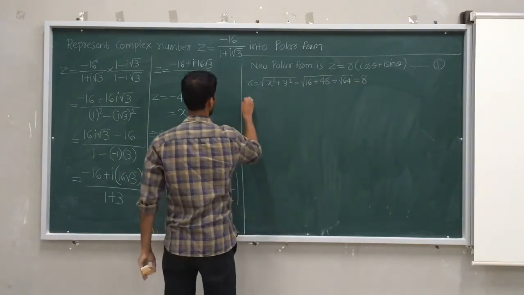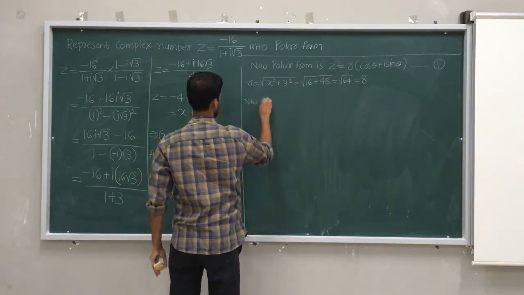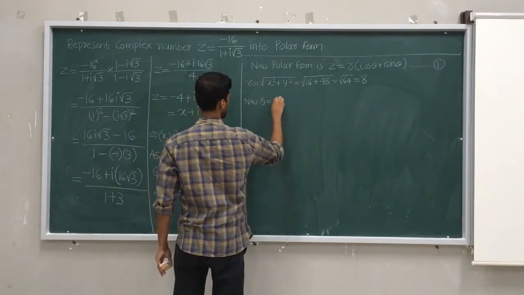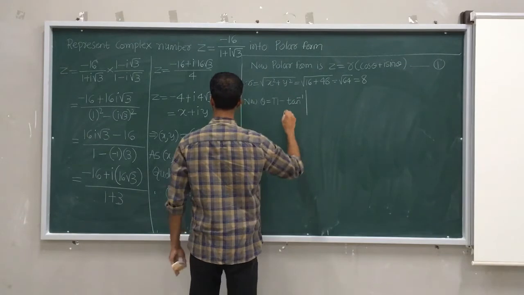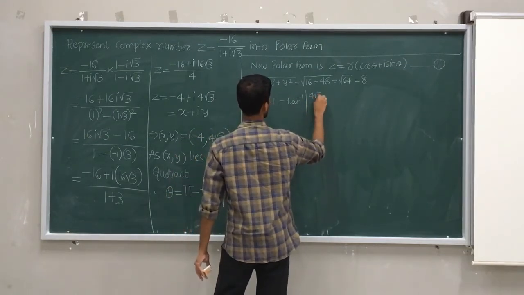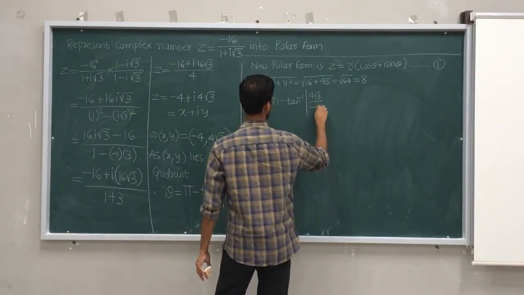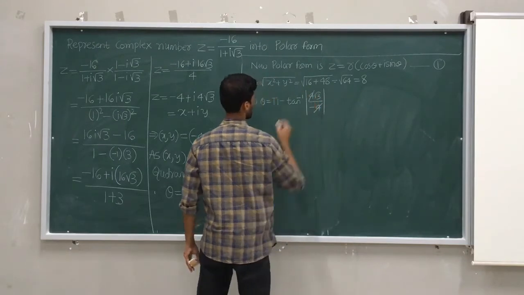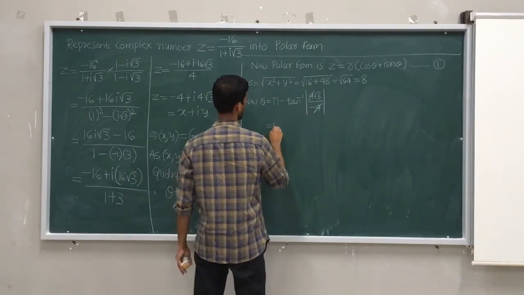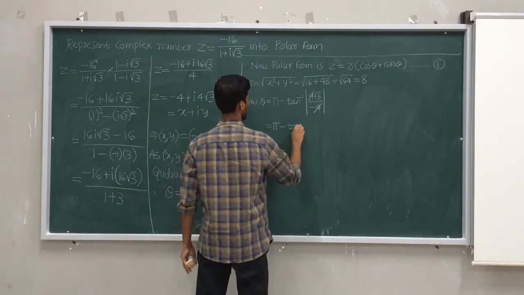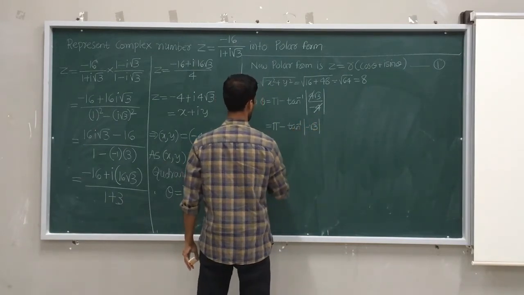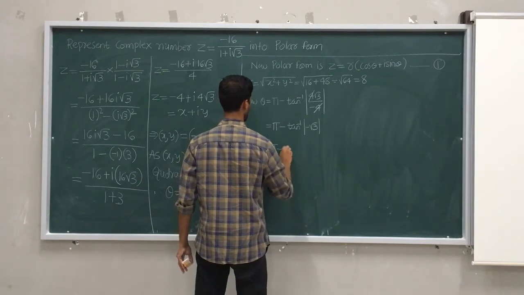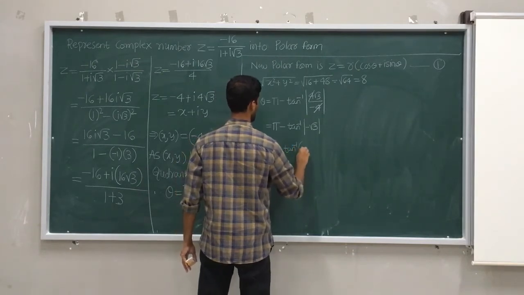Now theta equals pi minus tan inverse of modulus of y by x, that is 4 root 3 divided by minus 4. That's the reason they kept the modulus. So it is pi minus tan inverse of modulus of minus root 3, which gives pi minus tan inverse of root 3, as it becomes positive.